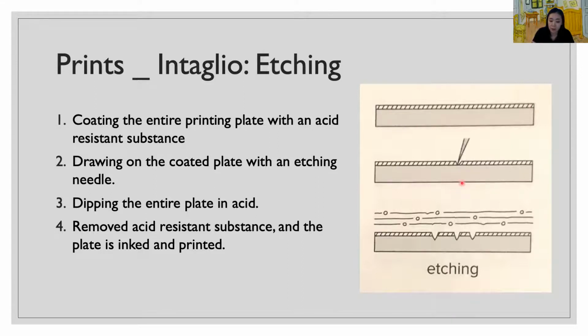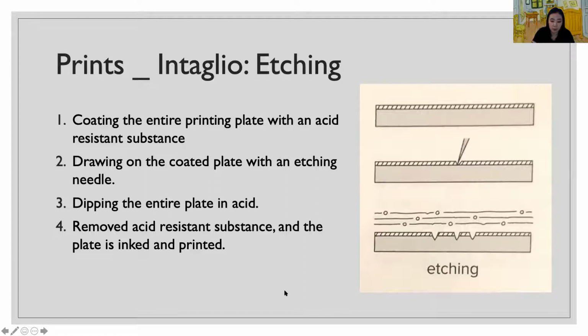And the artist draws on the coated plate with an etching needle or dry point needle. The needle removes the ground, exposing the bare metal in areas meant to print. The entire plate is dipped in an acid bath, and only the exposed portions of the plate are bitten. The ground is removed, and the plate is inked and printed. So that is the basic process of etching.